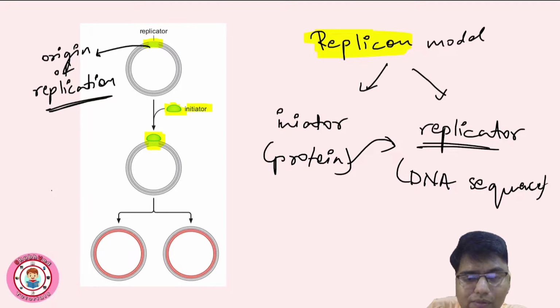The entire chromosome is replicated from a single replicon. In eukaryotes there are multiple origins, multiple sites for origin of replication. So bacteria contain a single replicon, a bacterial genome is a single replicon, and eukaryotes have multiple replicons. So this is the replicon model.